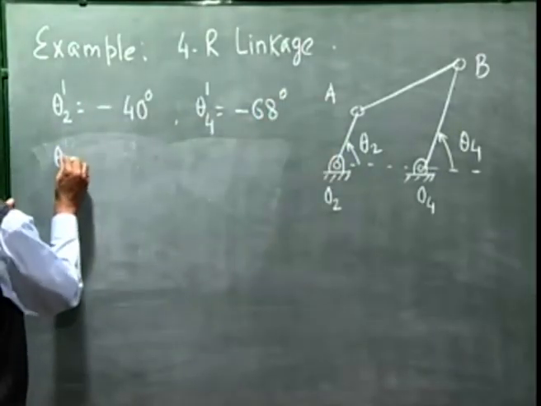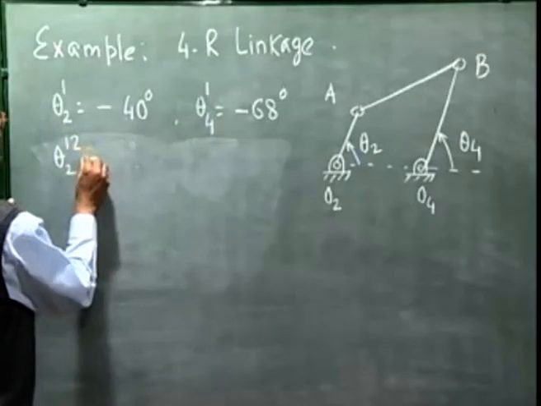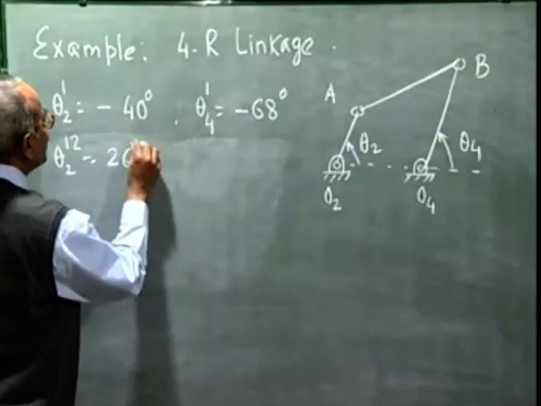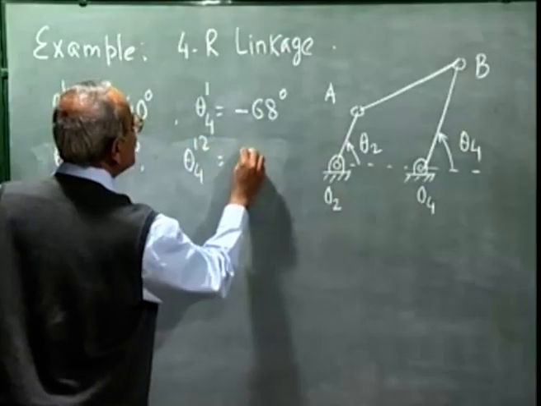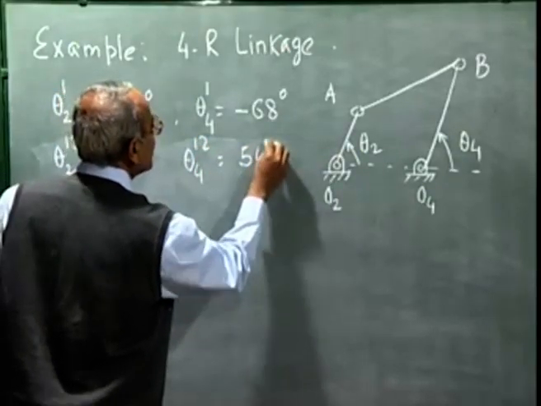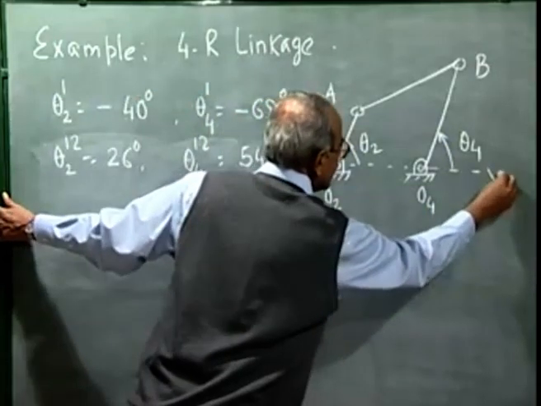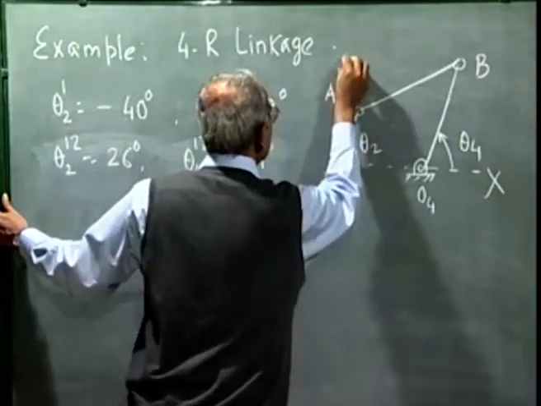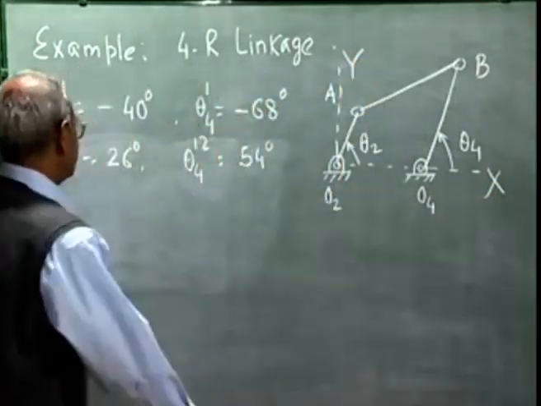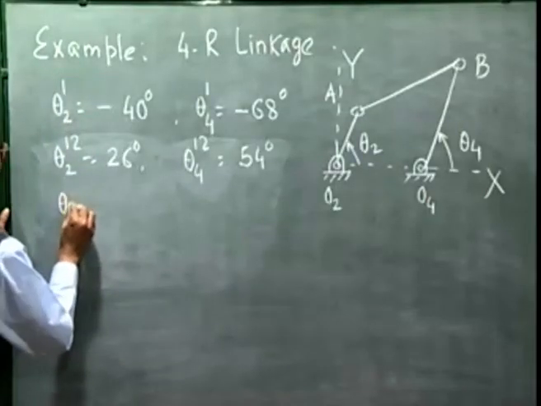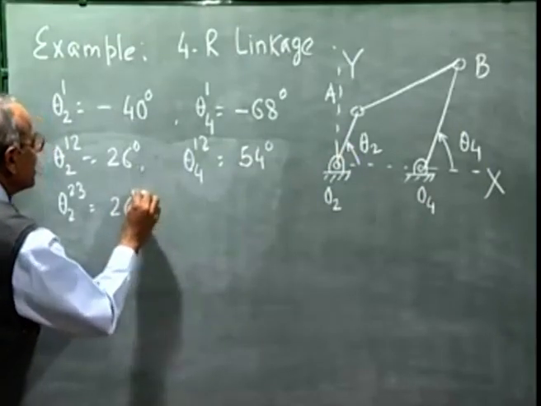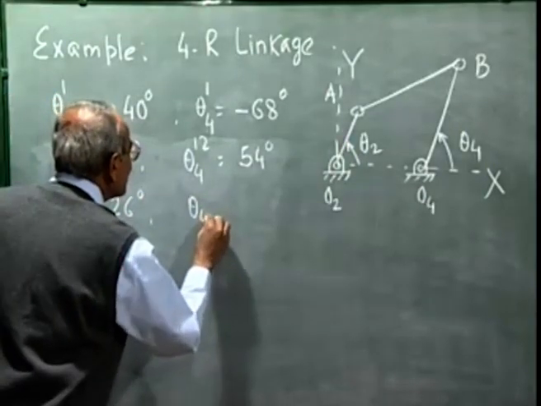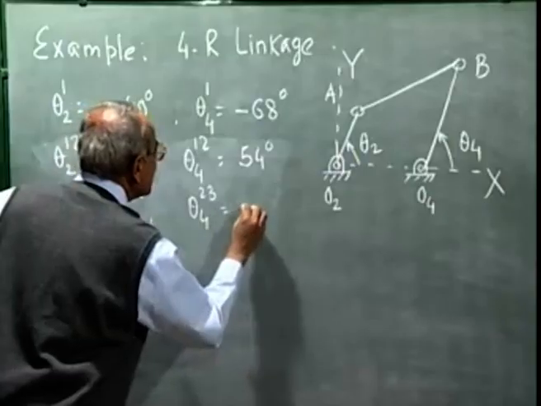Then we assume theta 2 1 2 is 26 degree and theta 4 1 2 is 54 degree. And theta 2 2 3 is again 26 degree and theta 4 2 3 is 26 degree.